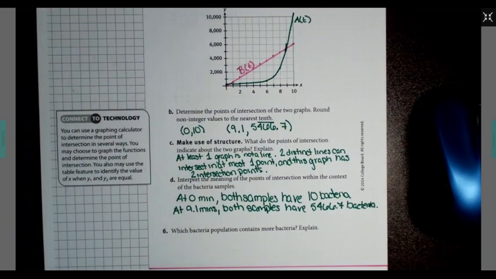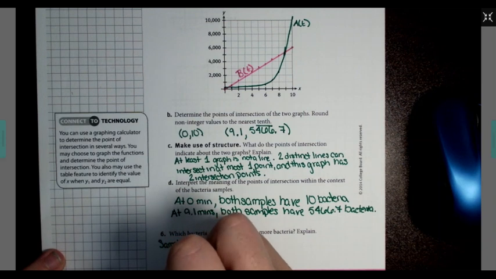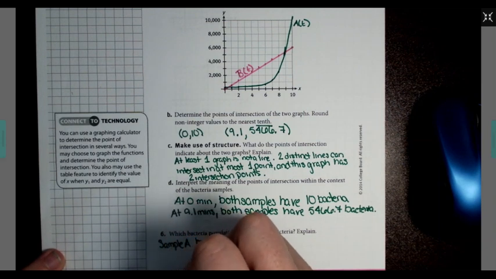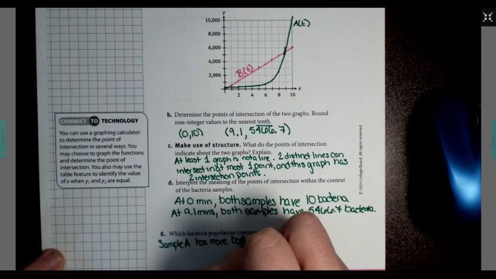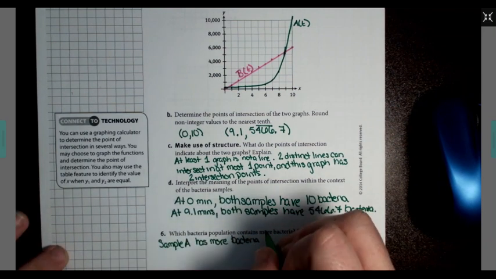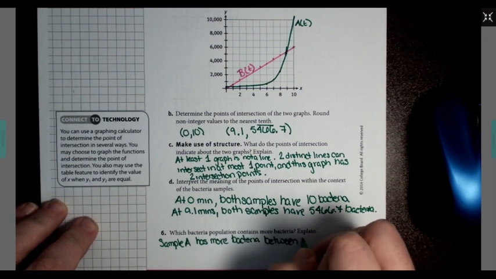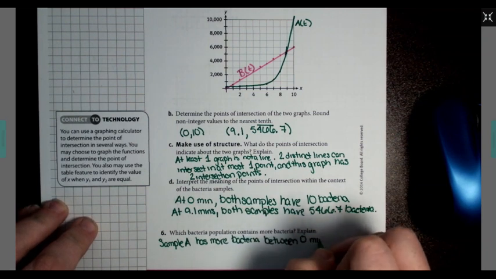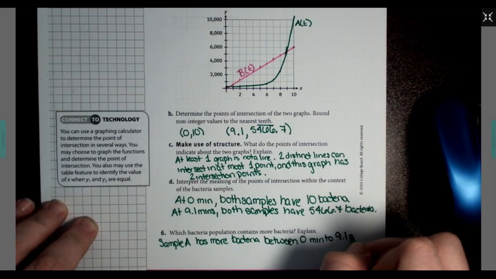Which bacteria population contains more bacteria, and explain? Sample A has more bacteria between 0 minutes to 9.1 minutes.